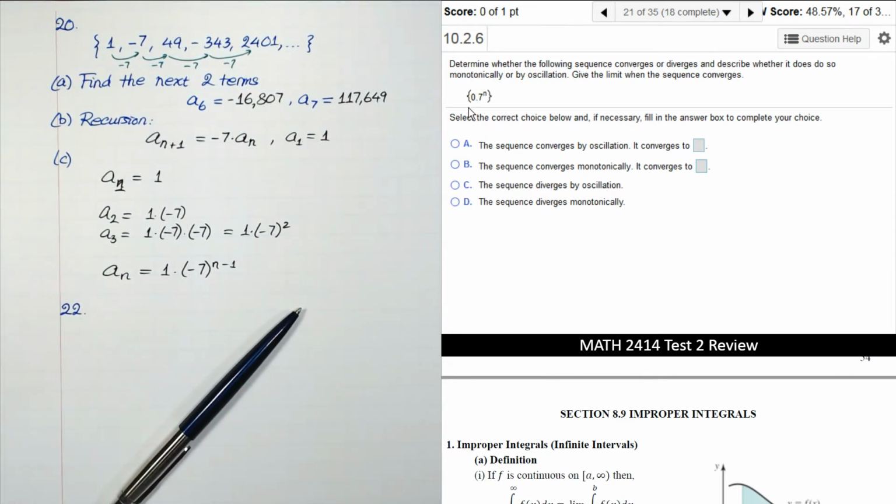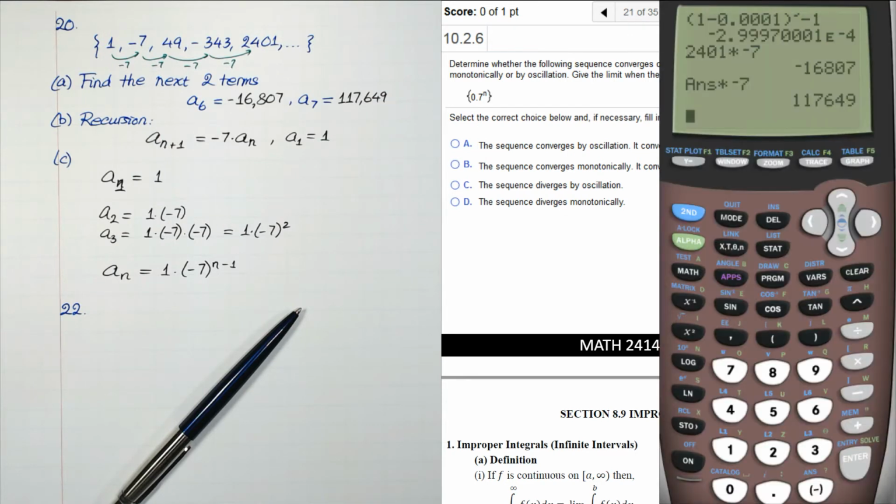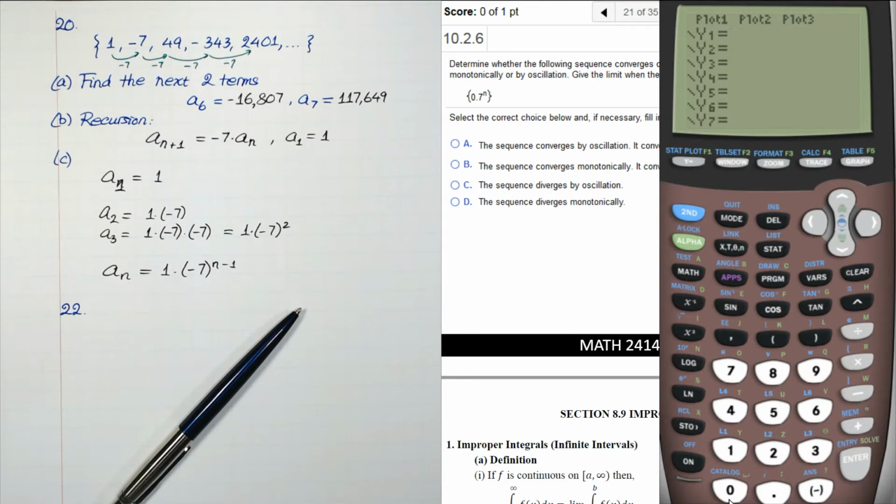We have 0.7 to the n power. It will be very simple if we just take a look at this function, 0.7 to the x power. What we see there is the function approaching 0.